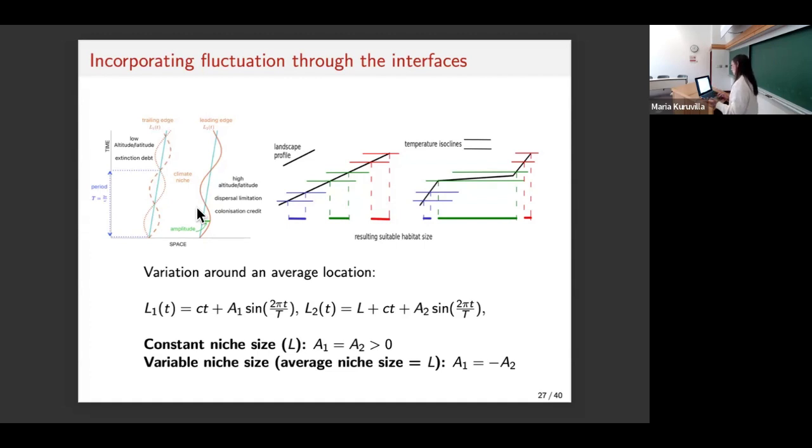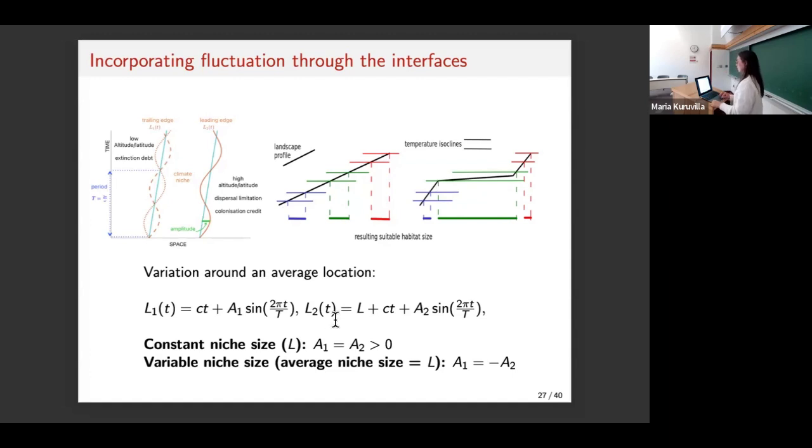Well, seasonal, you can imagine, of course, might be one of the reasons why, but also topographical changes can make that happen. For example, if we're moving upwards a mountain slope, right? When the slope changes, here are the temperature isoclines at a certain time, right? It changes the size of the suitable habitat because the slope has changed, and so more or less habitat is available.